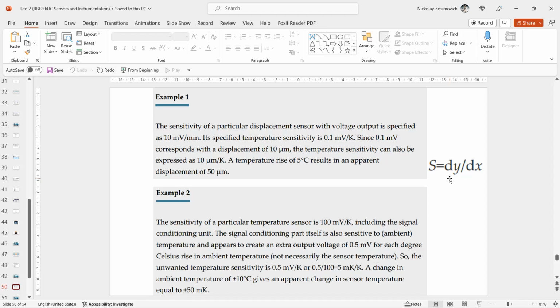These unwelcome sensitivities should be specified as well for a proper interpretation of the measurement result. To have a better insight into the effect of such unwanted sensitivities, they are often related to the sensitivity of the measurement quantity itself.